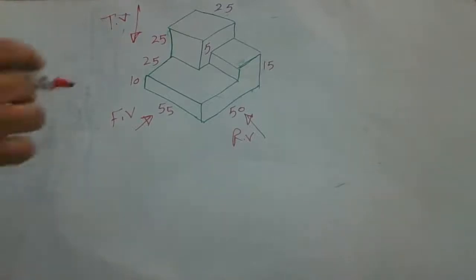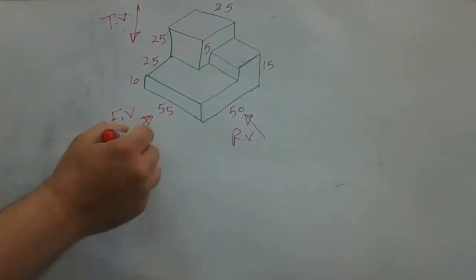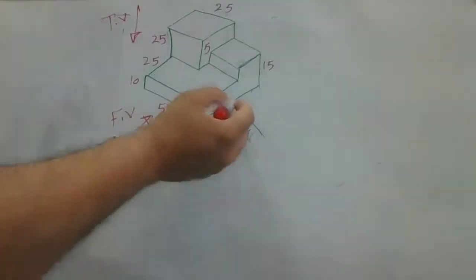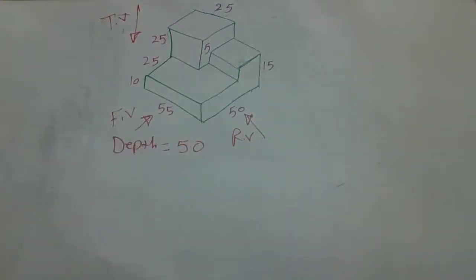We will start by determining the total depth, the total width, and the total height of the shape. The total depth of the shape equals 50 millimeter, or 5 centimeter. If you draw on a small paper, A4 or A3, you can choose 5 centimeter.